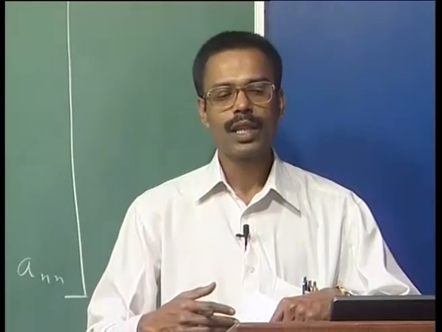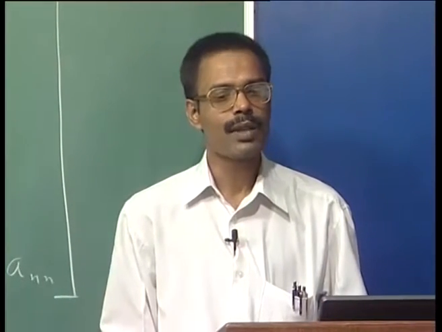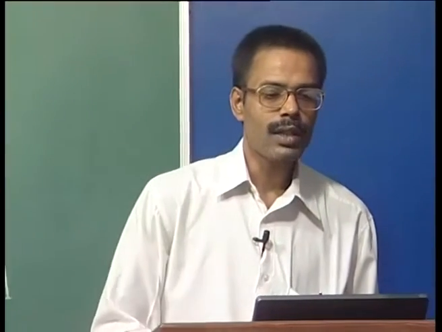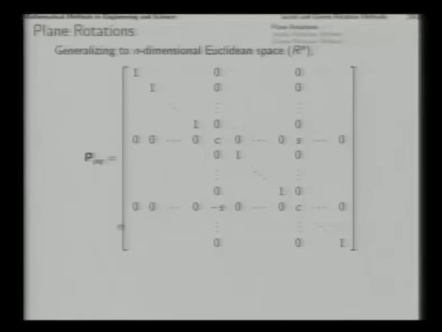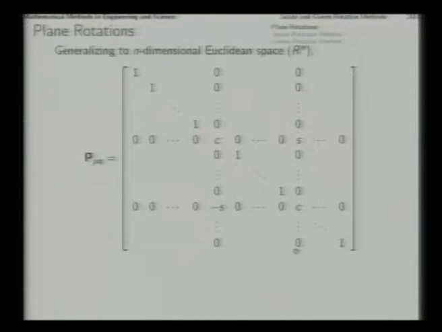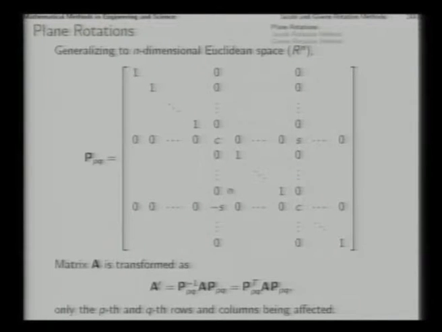Now, when we go to the algebraic conception of space, in which the dimension could be much larger, the corresponding n dimensional analog of these plane rotation matrices will have this kind of structure, in which the pq plane rotation will be represented like this, with this large matrix, in which all the entries are the same as an identity matrix except for the pp, qq, pq and qp elements.